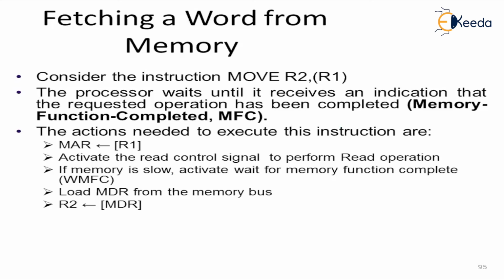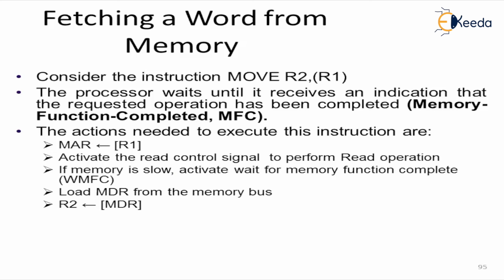So R1 indirectly is pointing towards the memory address register. Activate the read control signal to perform the read operation. If memory is slow, activate wait for memory function complete, WMFC. So you need to wait till the function gets completed and you get the desired output.